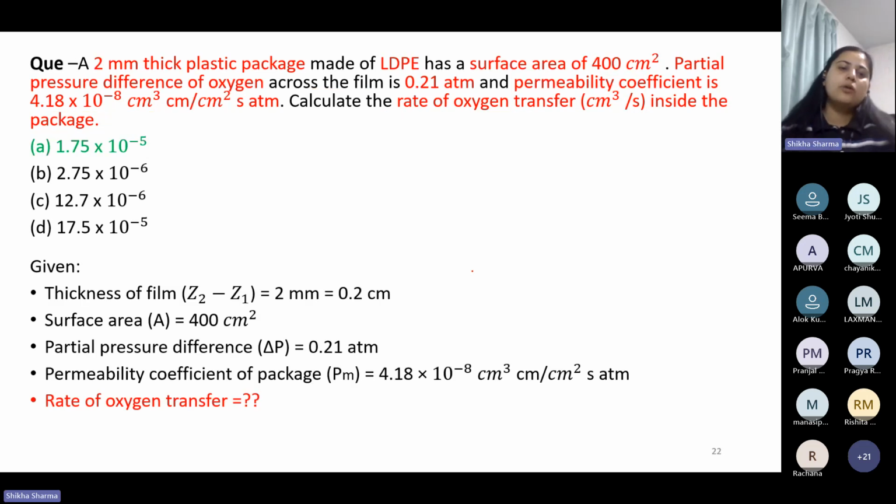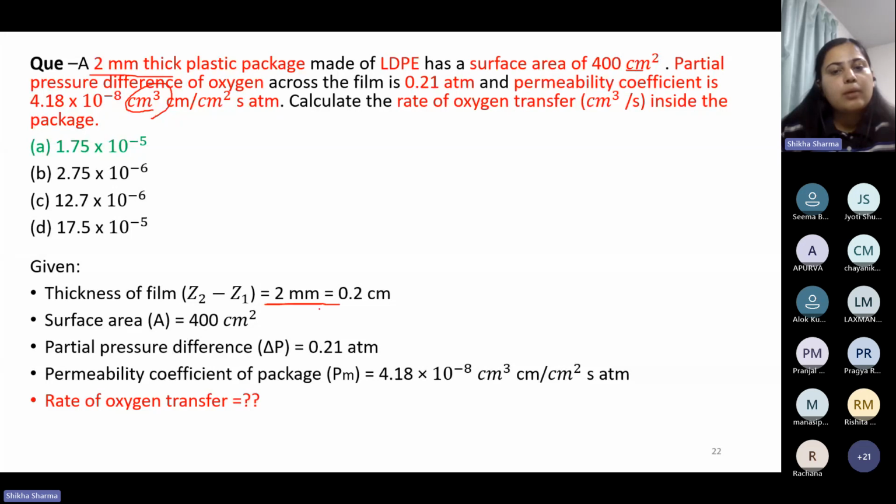So let's solve this question. The thickness of the film is 2 mm, as given in the question. Since here we mostly use centimeter, instead of converting into meter we are converting into centimeter, because most values are in centimeter.